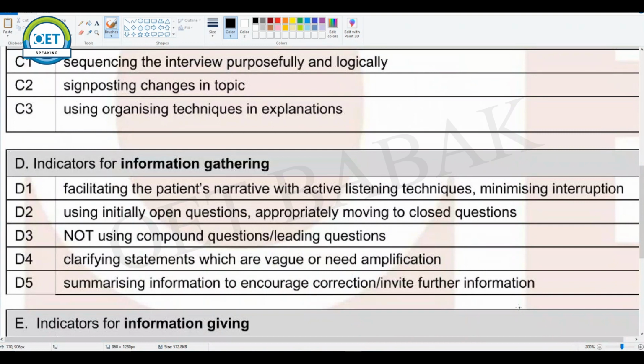Facilitating the patient's narrative with active listening techniques and minimizing interruption. We had this before, didn't we? In rapport and attentive listening. Okay, so that is overlapping with that.